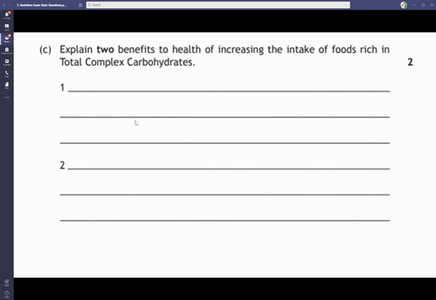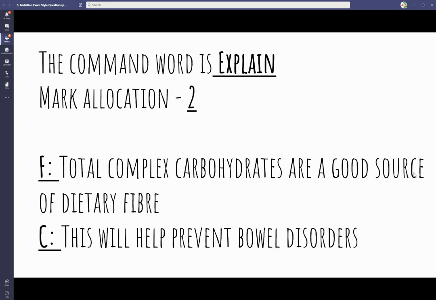Again, you must always link it to the subject or the topic or the point of interest in the question. So here, the command word is explain. We have to do 2 explain answers. You must have 2 answers, making sure that you refer to the topic in the question.